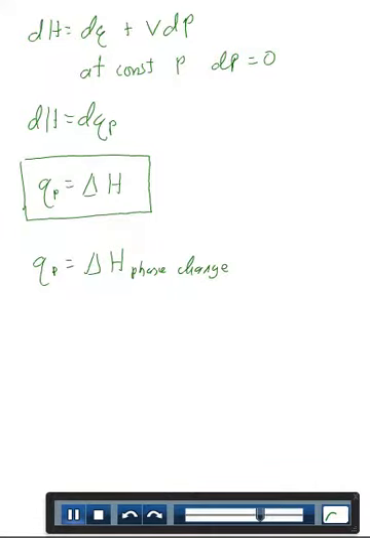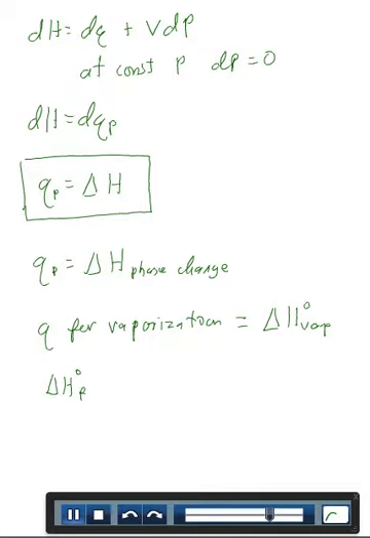We would have the heat required for vaporization is just equal to the enthalpy change for vaporization, and we use standard state, 1 atmosphere pressure, so I'll use a superscript 0. So we have enthalpy of vaporization. We also have the enthalpy of fusion, which we designate FUS, and we have the enthalpy for sublimation.